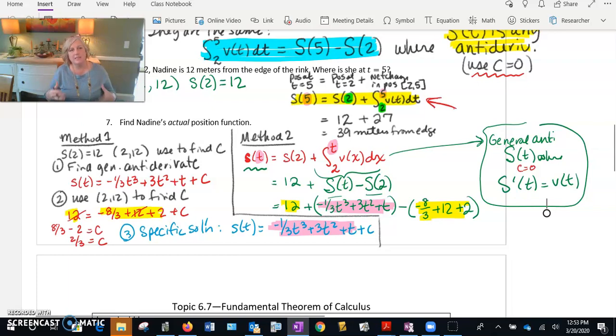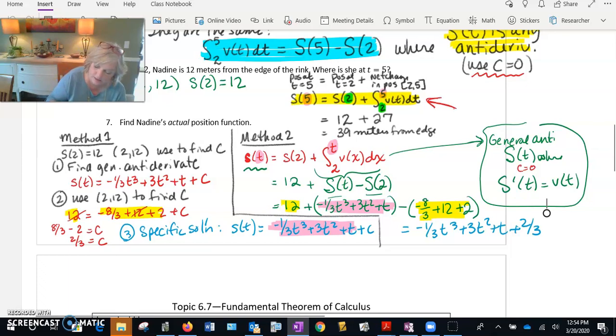It's exactly the same thing, just in a different scenario, a little different perspective as we look at it. And so at the very end, this is going to be equal to negative 1/3 t cubed plus 3t squared plus t. And then if you combine everything that's yellow together right there, that's going to end up being plus 2/3.